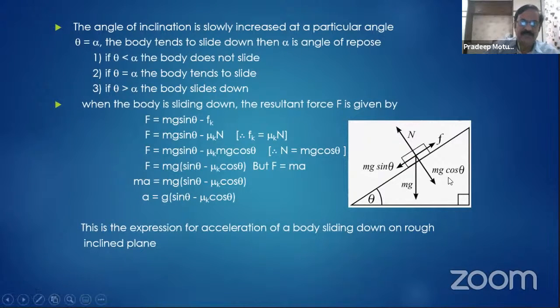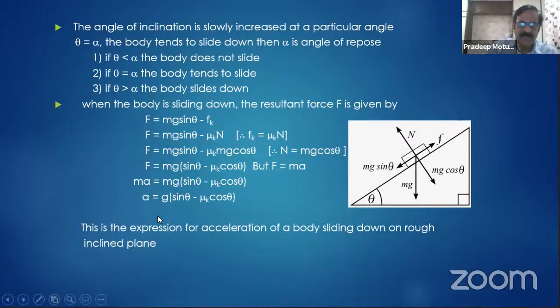Understand? When the body is sliding down from top to bottom, it starts at rest. When it is coming to the bottom, its velocity changes. Whenever the velocity changes, it has an acceleration.